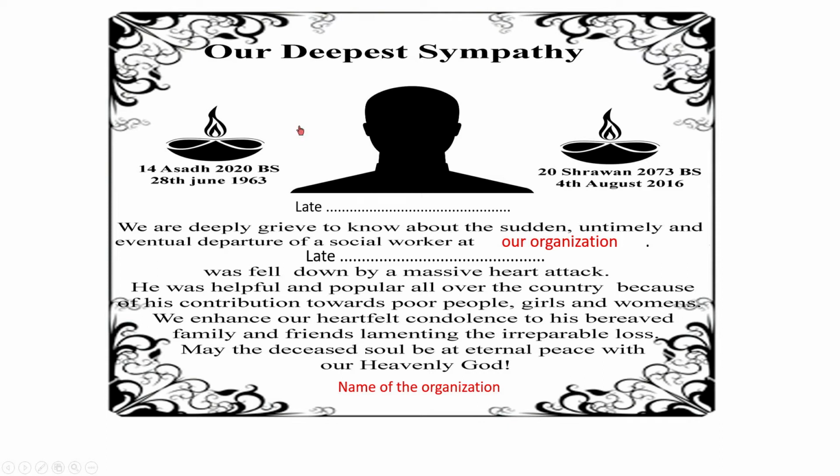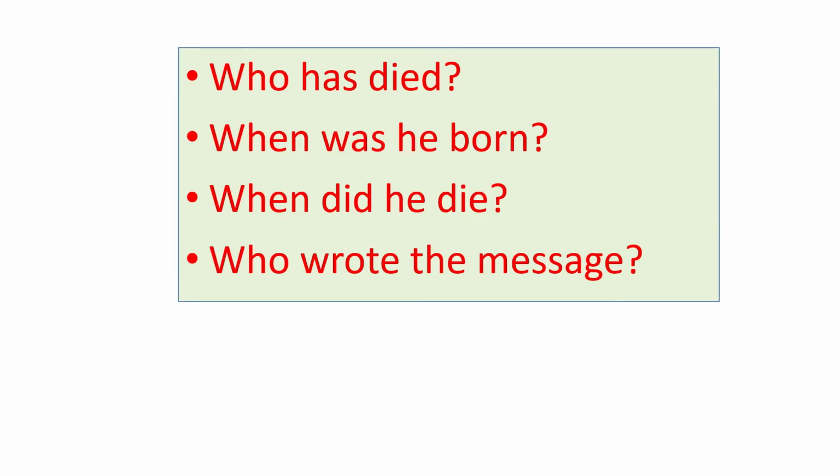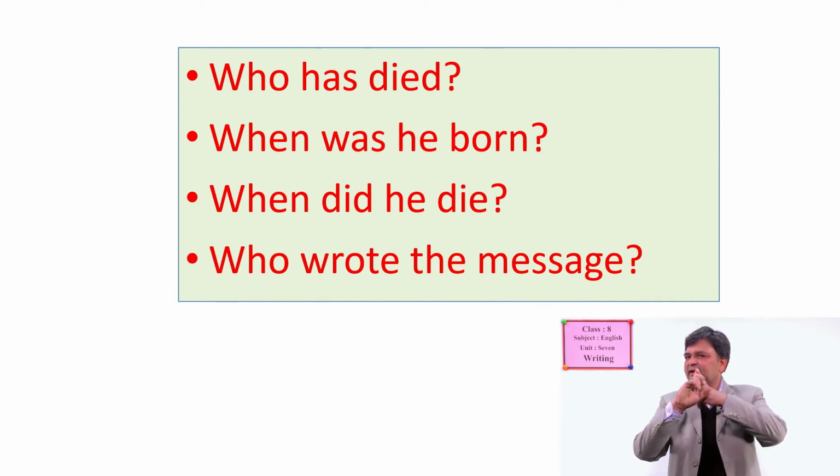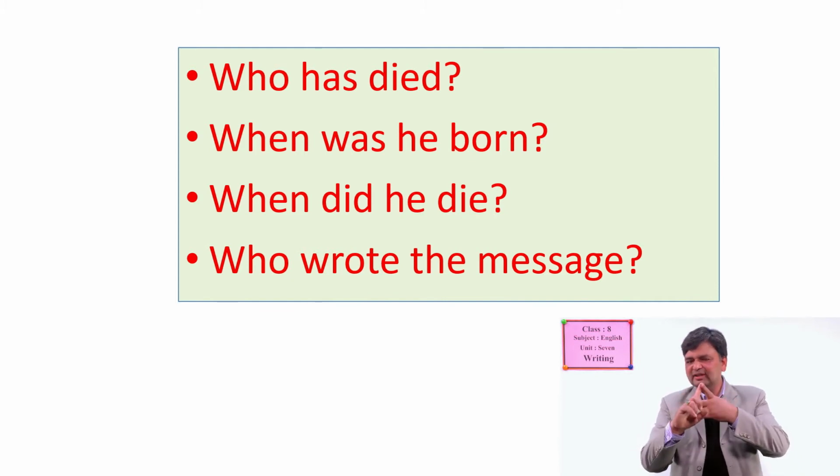So whenever you write a message, you need to be very careful about something, okay? What are these? I will show you. So let's see what are the things you need to be careful about. Firstly, you have to be sure about the person who has recently died, right?